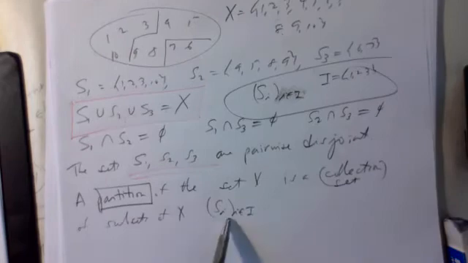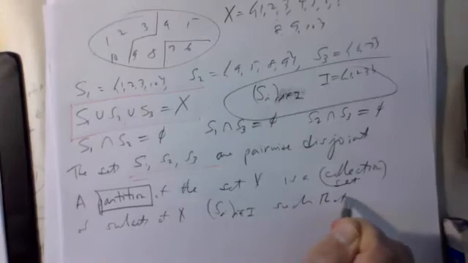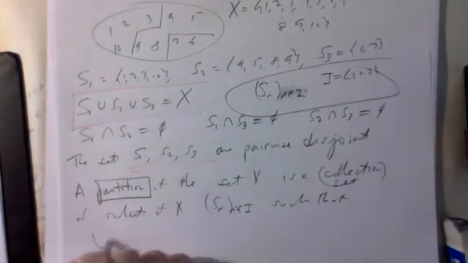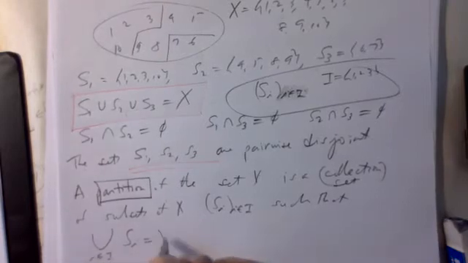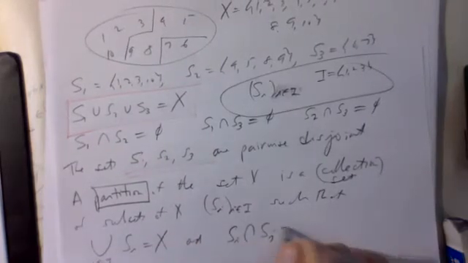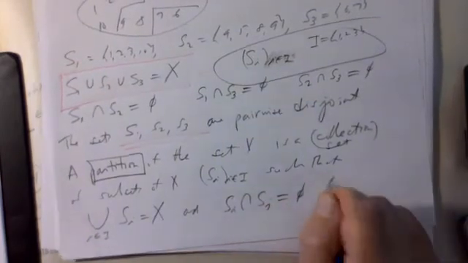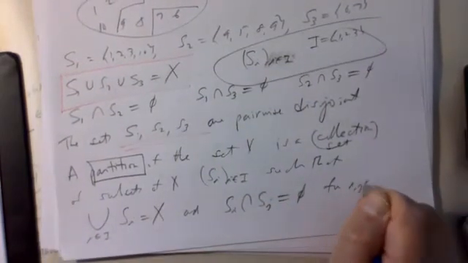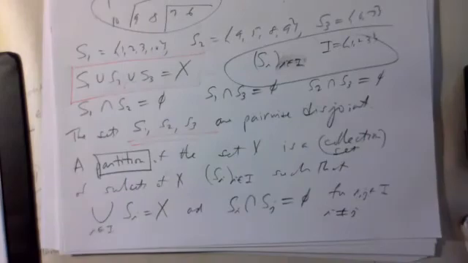So this is a collection of subsets of X such that if I take the union of all of them, I get the whole set, and every pair of them have empty intersection, or are disjoint, for I and J with I different from J. That's what we call a partition of a set.